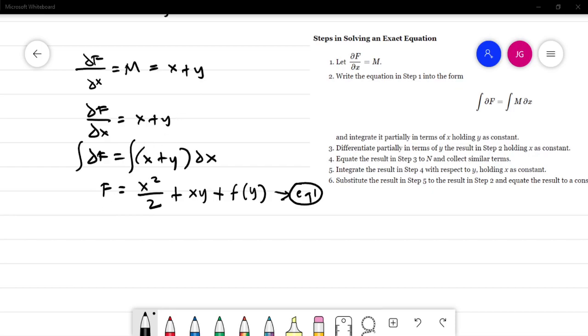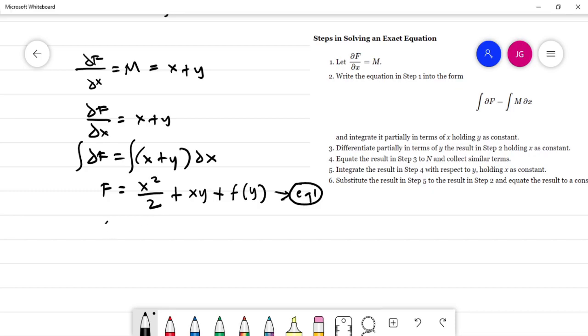So differentiate it, holding x as constant, guys. Which means we take the differentiation of f in terms of y.